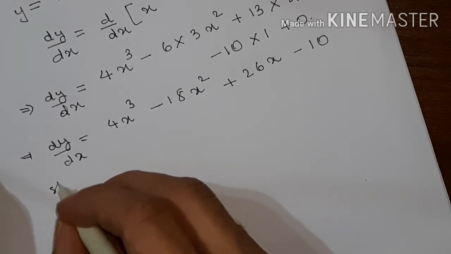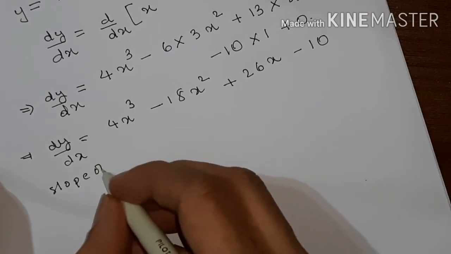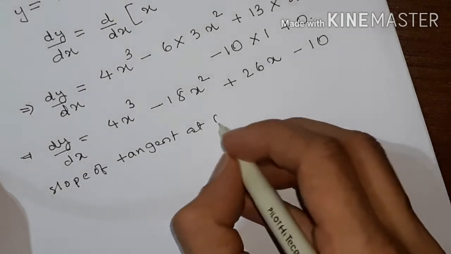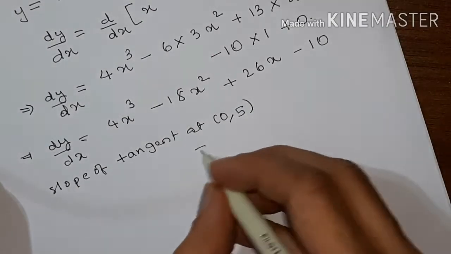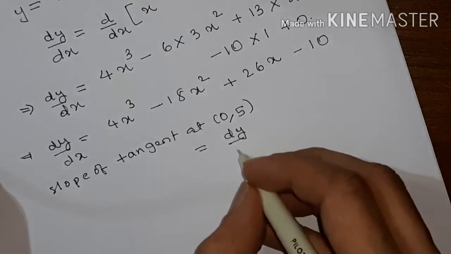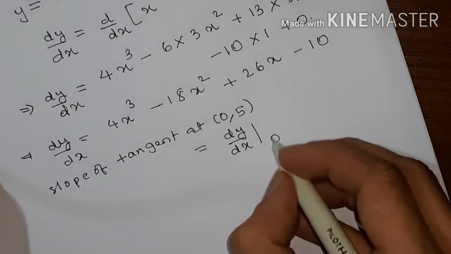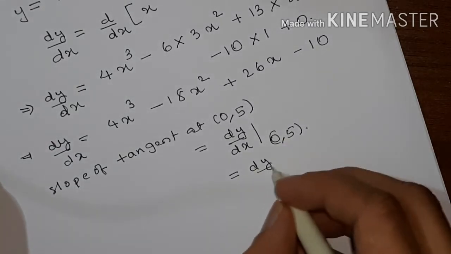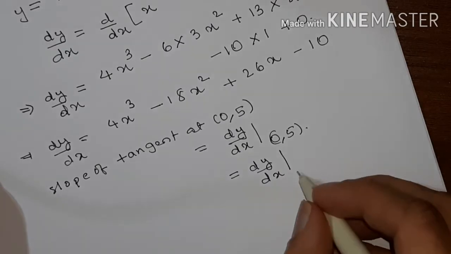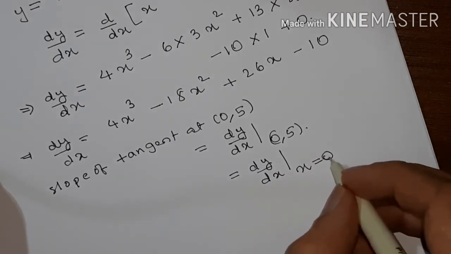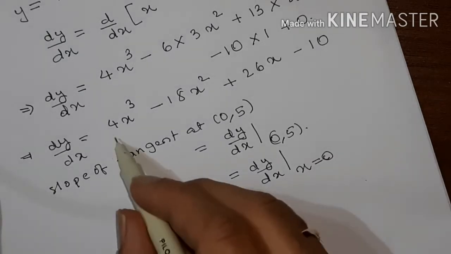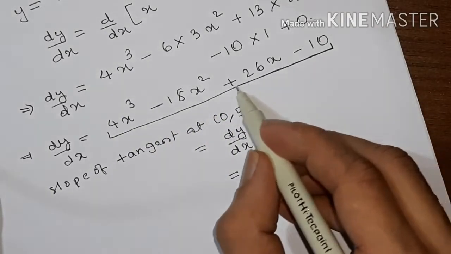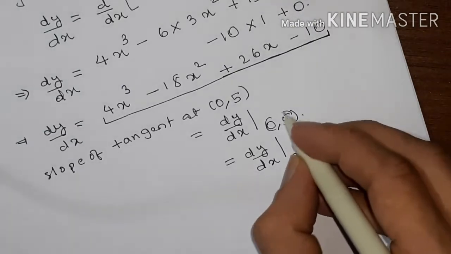So the slope of the tangent at 0,5 is equal to dy by dx at the point 0,5. That means dy by dx at the point x equal to 0, because in dy by dx there is no y term, so this we can skip.